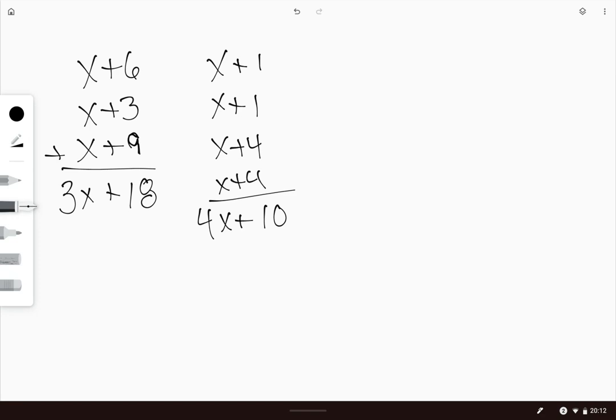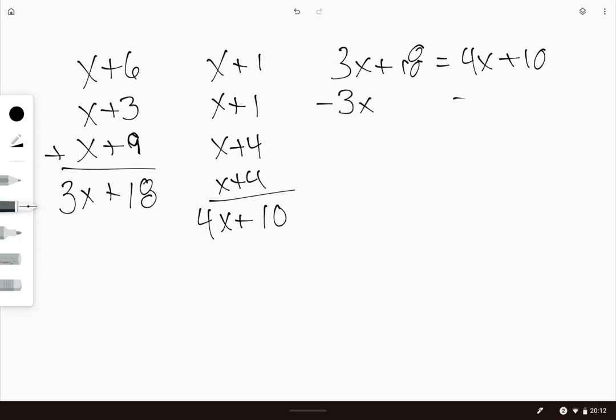So those are the two expressions I'm going to use to write my equation. The question was, first, to write an equation for when they are the same. And we remember that the word same means equals. Okay? So we're looking for the value of x that will make these the same.